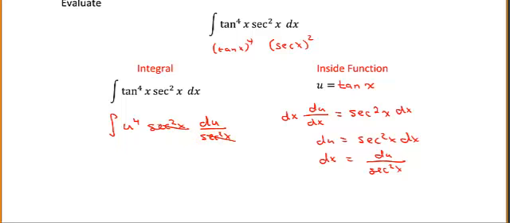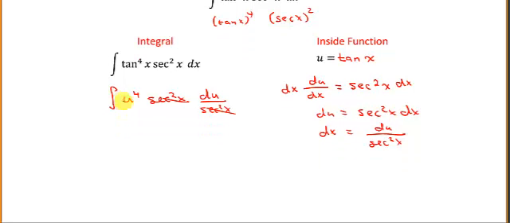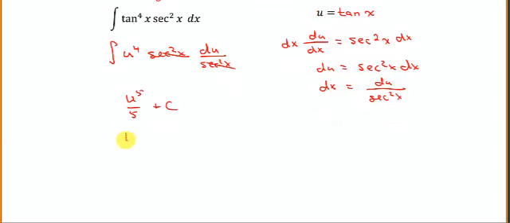The secant squareds cancel, and I'm left with u to the fourth, integrating with respect to u, so that would be u to the fifth over 5 plus c. And now recall, u is tangent, so this would be tangent to the fifth of x over 5 plus c.